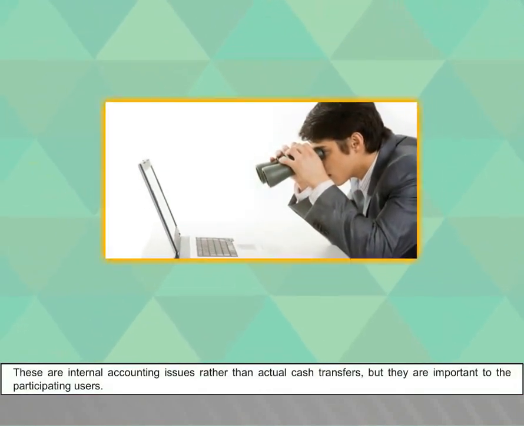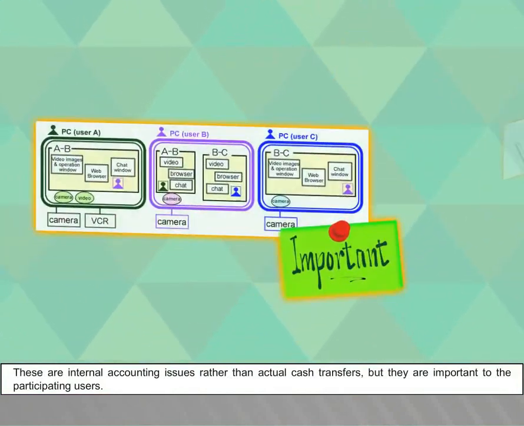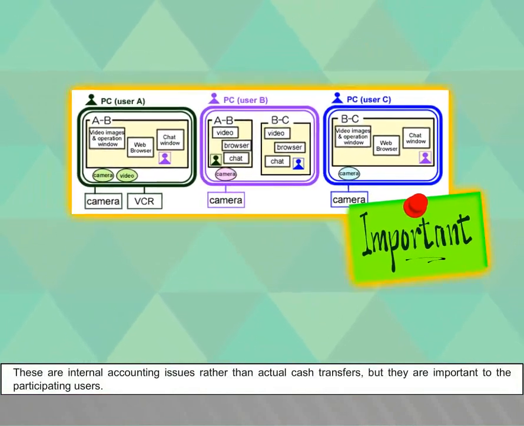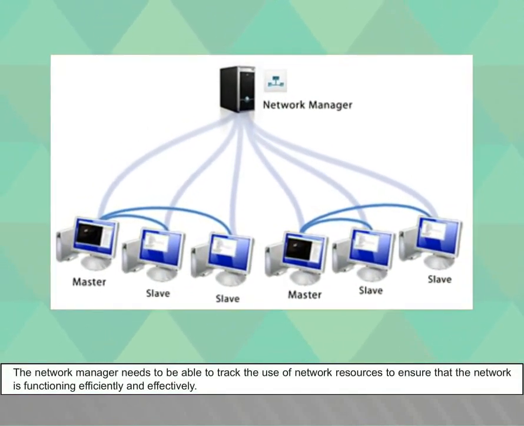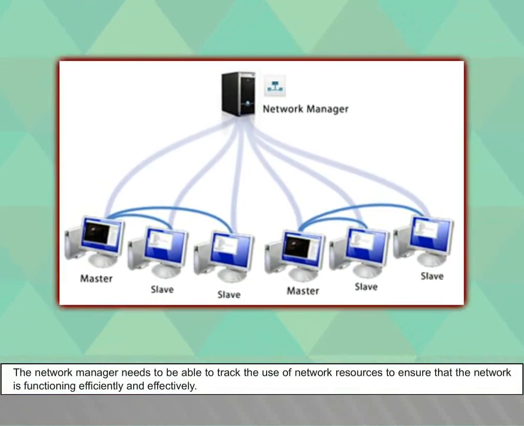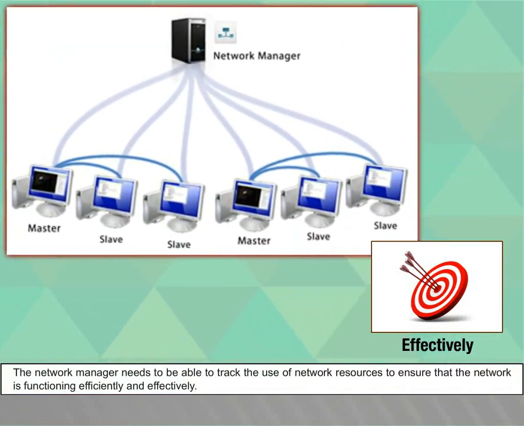These are internal accounting issues rather than actual cash transfers, but they are important to the participating users. The network manager needs to be able to track the use of network resources to ensure that the network is functioning efficiently and effectively.